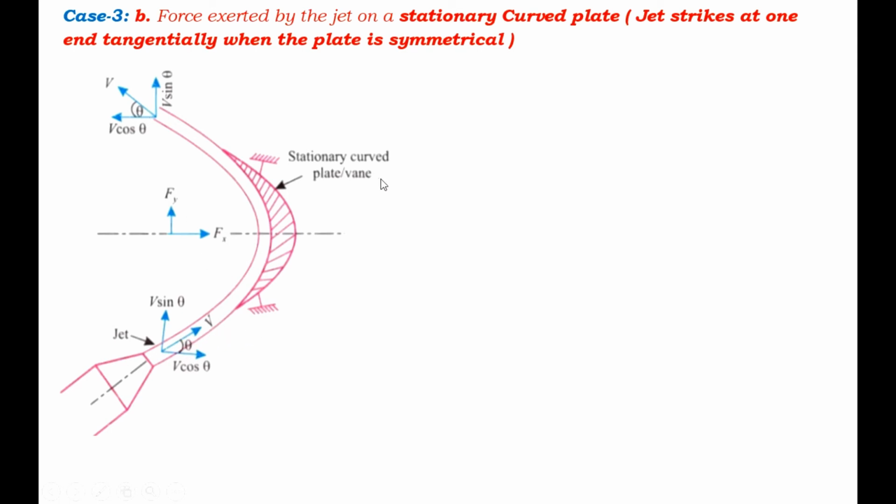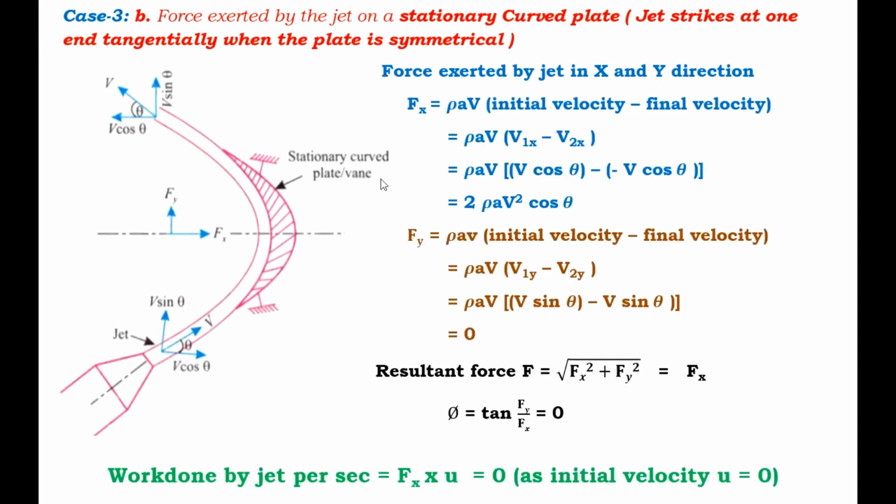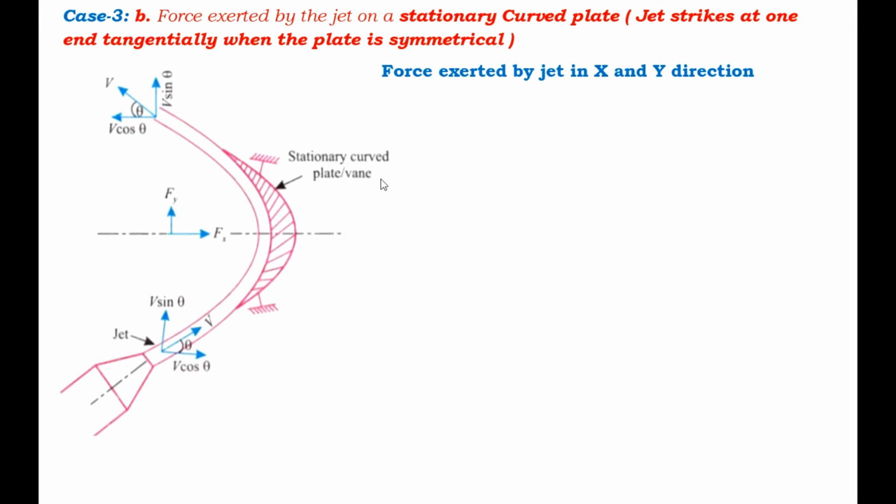Let us consider v is equal to the velocity of the jet of water. Theta is the angle made by the jet with the x-axis at the inlet tip of the curved plate. If the plate is smooth and loss of energy due to impact of the jet is 0, then the velocity of water at the outlet tip of the curved plate will be equal to v.